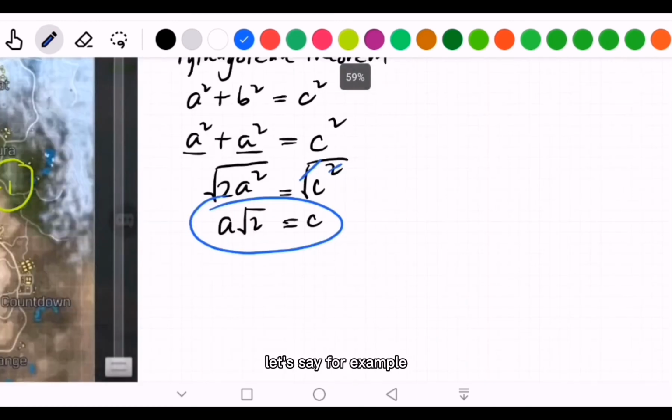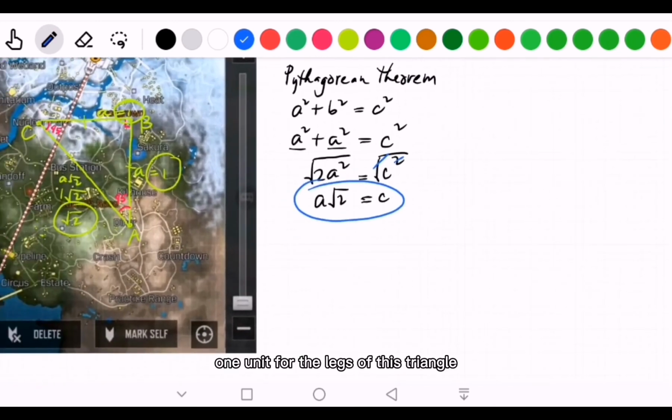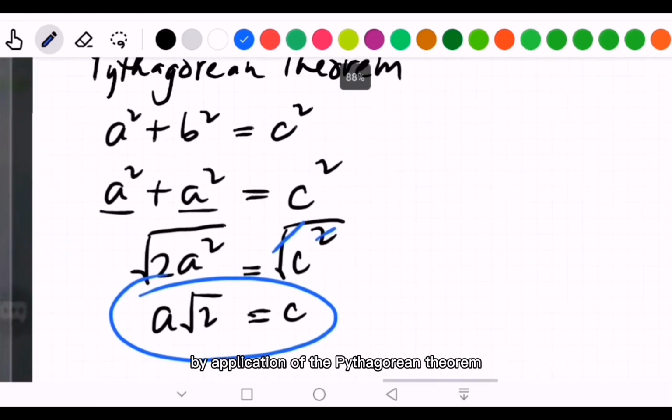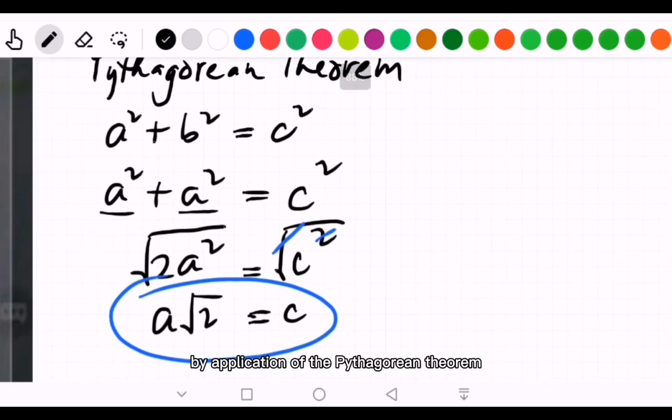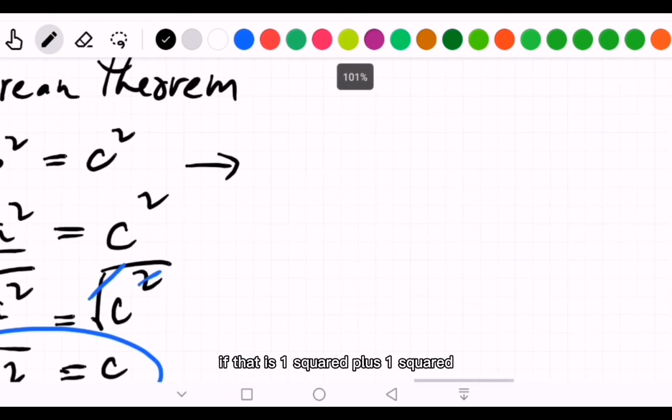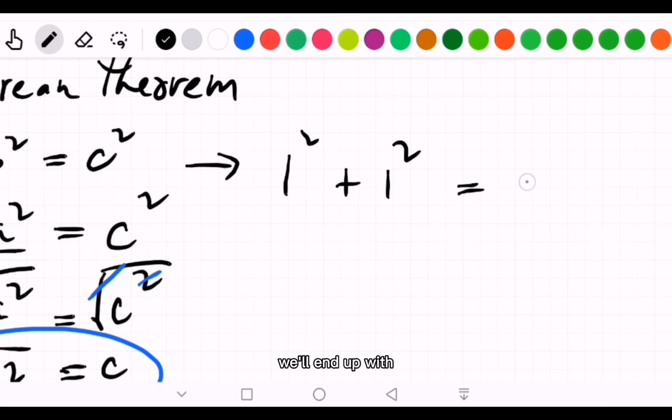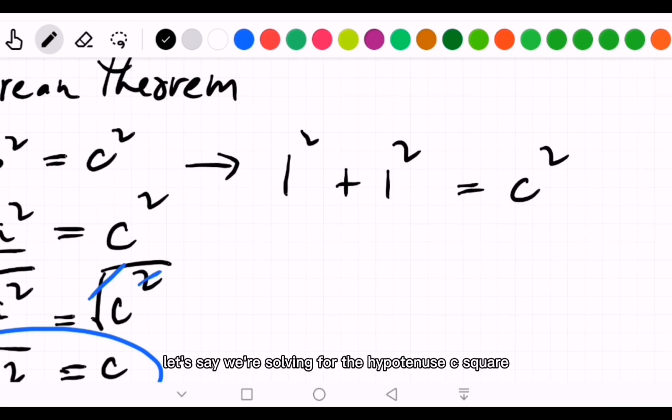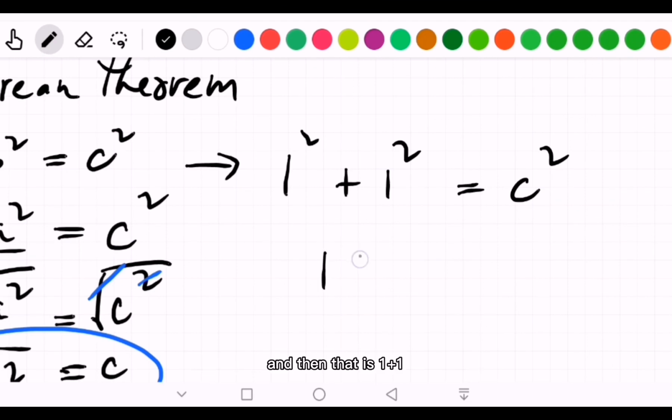Let's say, for example, since I have used 1 unit for the legs of this triangle, by application of the Pythagorean theorem, that is 1 squared plus 1 squared. We're solving for the hypotenuse, c squared. So c is unknown, which is the hypotenuse. 1 squared is 1, so that is 1 plus 1, and we just copy c squared.